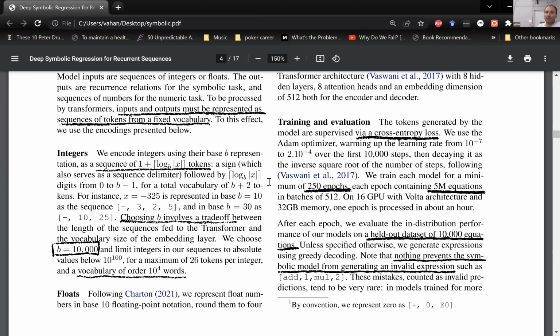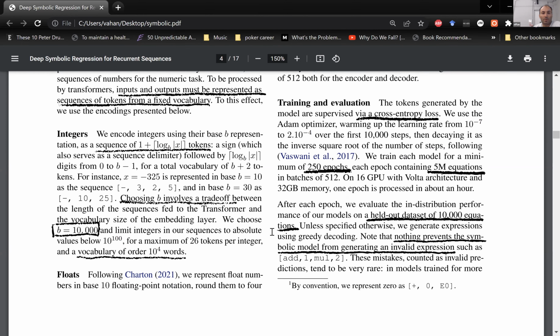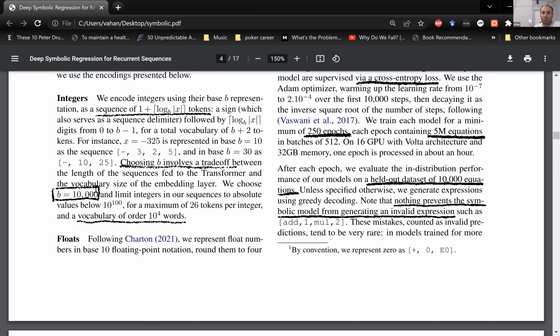But if you do a higher base, then you have more digits, but you also have smaller numbers. So you have to find the trade-off. And I think they use base 30 to encode integers. No, they use base 10,000. Oh yes, that makes more sense. So we end up with a vocabulary of also 10,000.